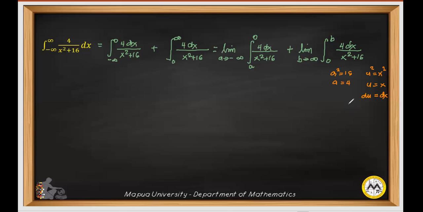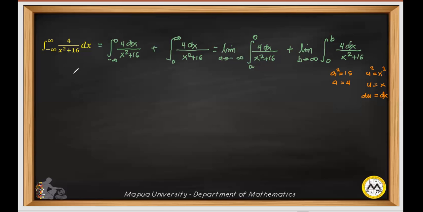The numerator is the differential of x, which is exactly equal to the differential of u. So we can just write 4 before the integral sign.